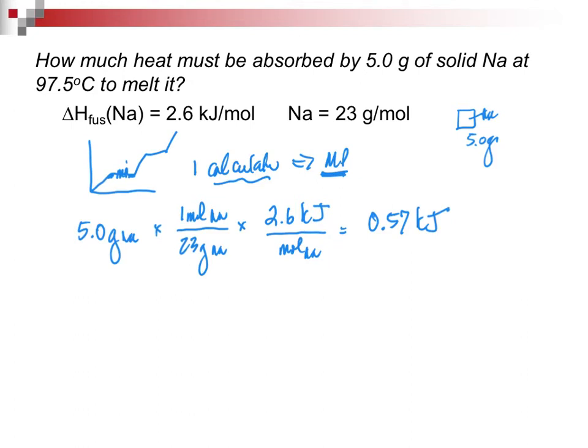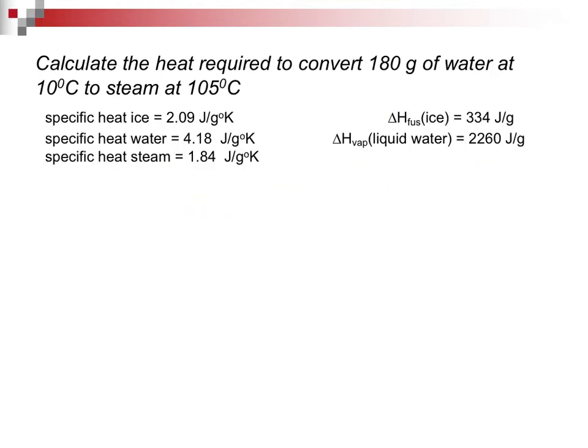Now, what if more happens? Well, what you'll do is just add things together. On my next slide, what I have is how much heat does it take to convert 180 grams of water at 10 degrees all the way up to steam at 105. We're going to break it into 3 parts. We're going to say 10 degrees centigrade to 100 degrees centigrade. That is where we are having water be as a liquid.